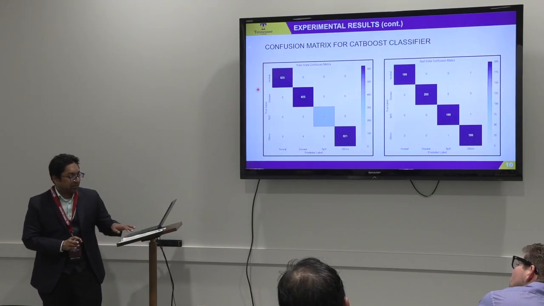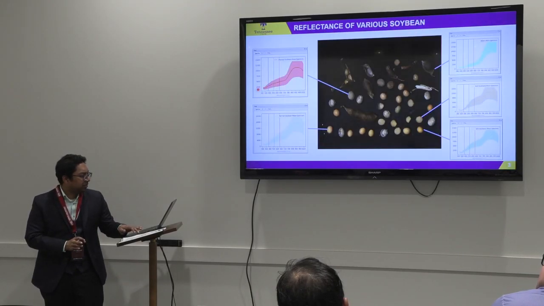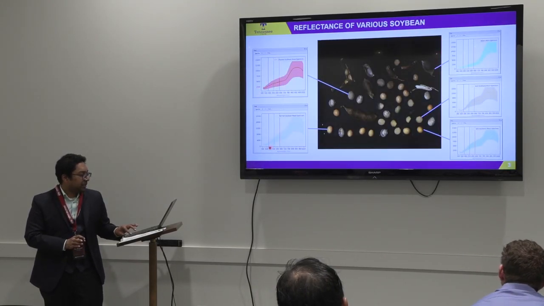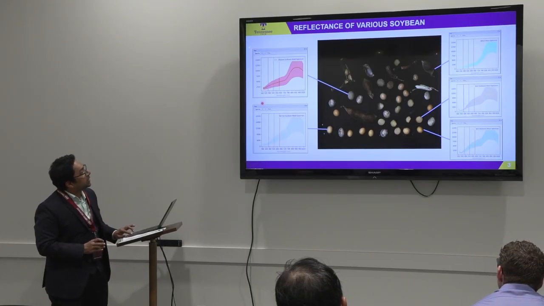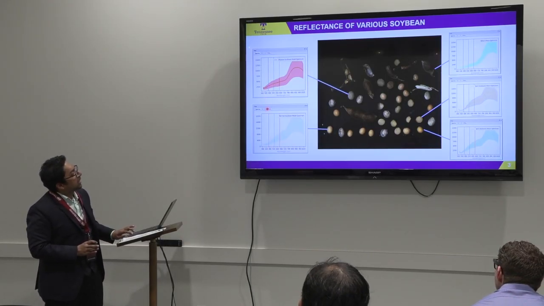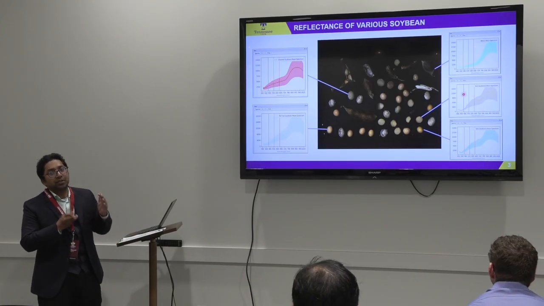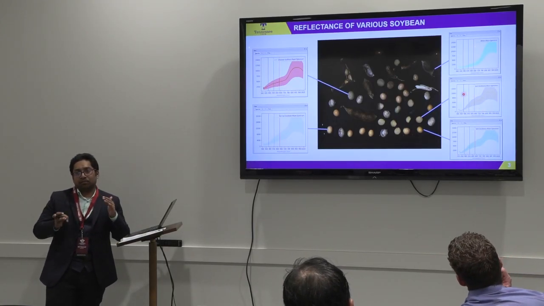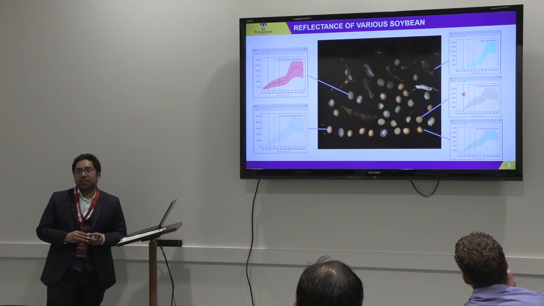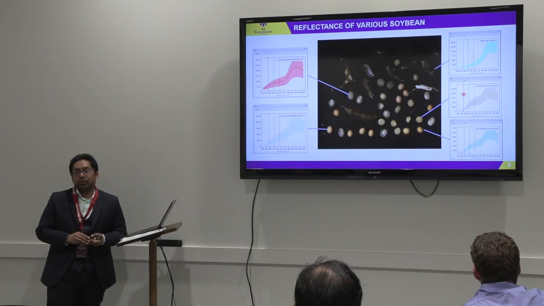You can see the values for the normal beans and the split beans: the range is from 0 to 20K for one and 0 to 15K for the other. Since the values differ by a significant margin, that is the intuition for the better result and better classification accuracy.